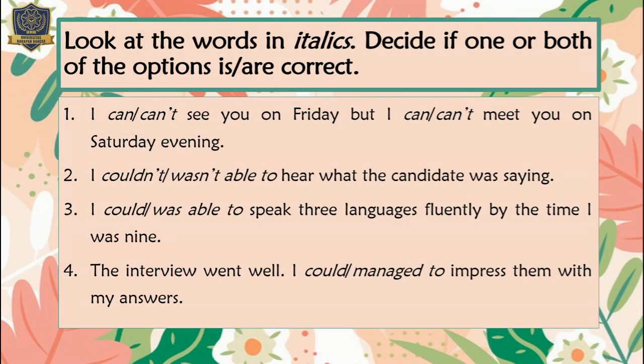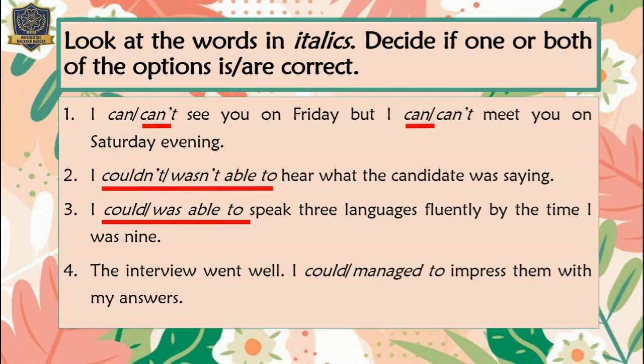Okay, have you got the answers? Number 1. I can't see you on Friday, but I can meet you on Saturday evening. Number 2. I couldn't or I wasn't able to hear what the candidate was saying. Number 3.